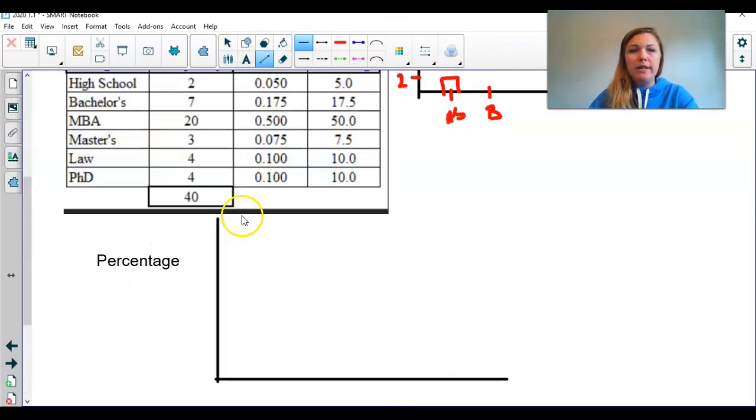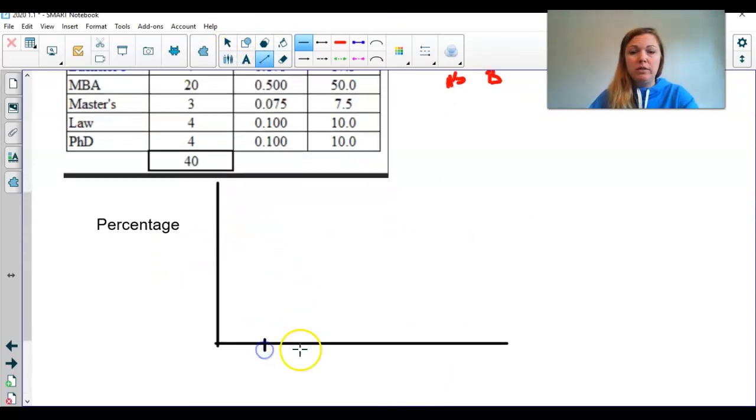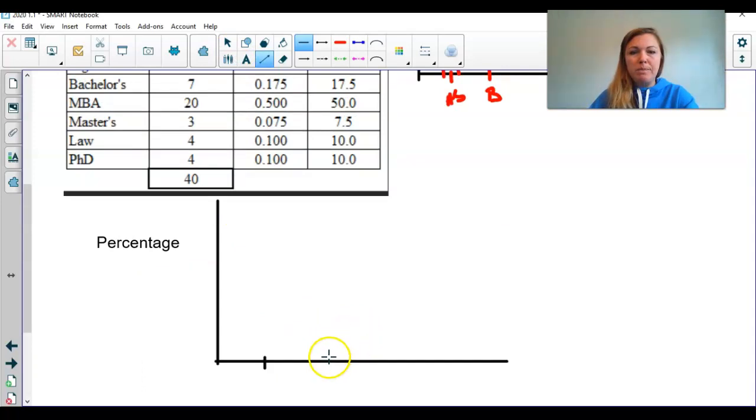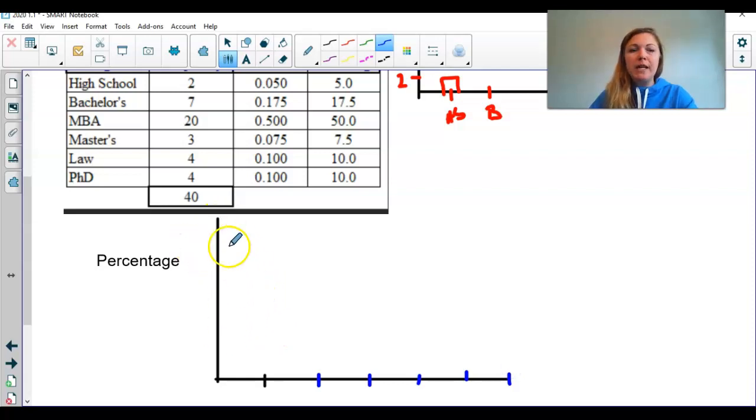So our category in this case was high school. I think the next one's bachelor's, right? MBA. And master's. Law. And PhD, okay?